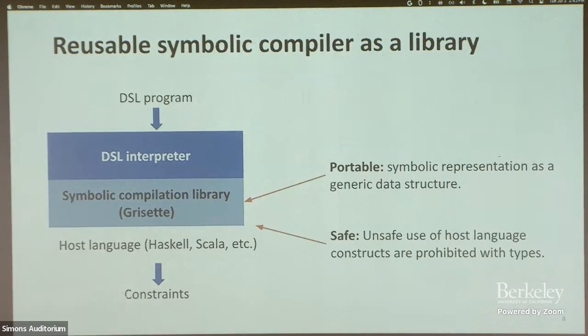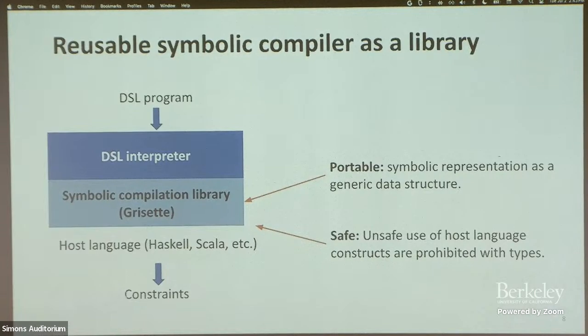So what we wanted is to get a portable, essentially a recipe for building it. And portable in the sense that the symbolic value is not defined as part of this Racket++, but instead it is just a data structure that you pick up from the library, and it's truly nothing special, just as if you use the tree data structure, okay? So the underlying language is the same, it's just Haskell. And it is also safe, so you can now, thanks to types, know when you can use the libraries from the host language without passing bad things to them.